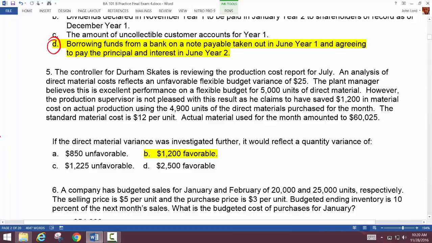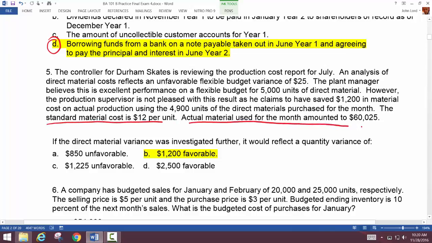The plant manager believes this is excellent performance on a budget for 5,000 units of direct material. However, the production supervisor is not pleased with the result as he claims to have saved $1,200 in material costs on an actual production using 4,900 units of direct material. The standard cost is $12 per unit.